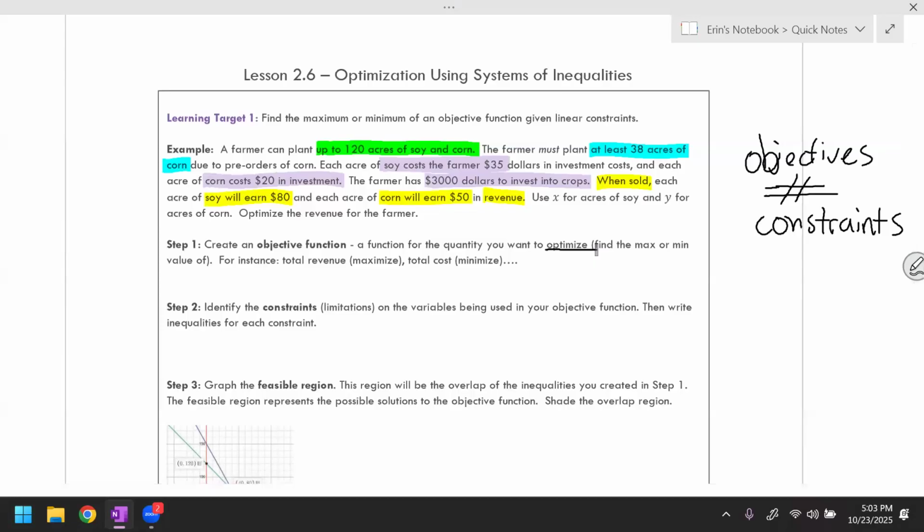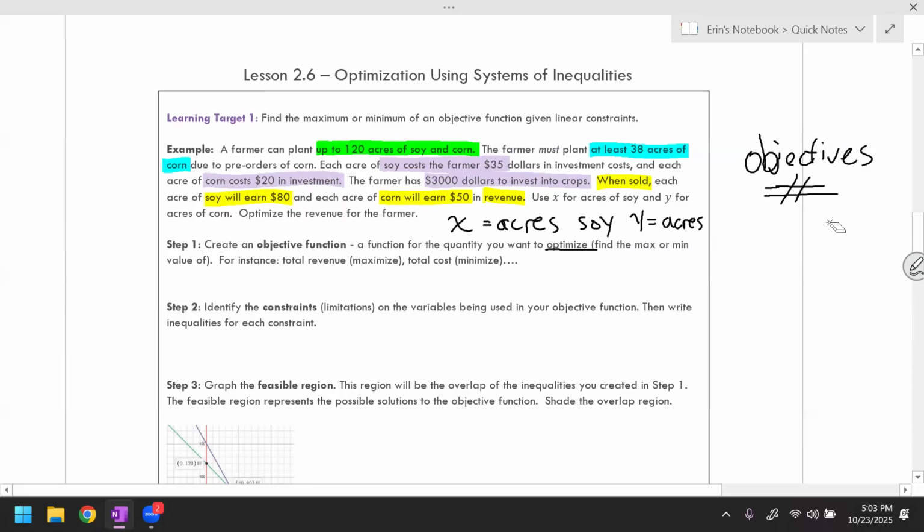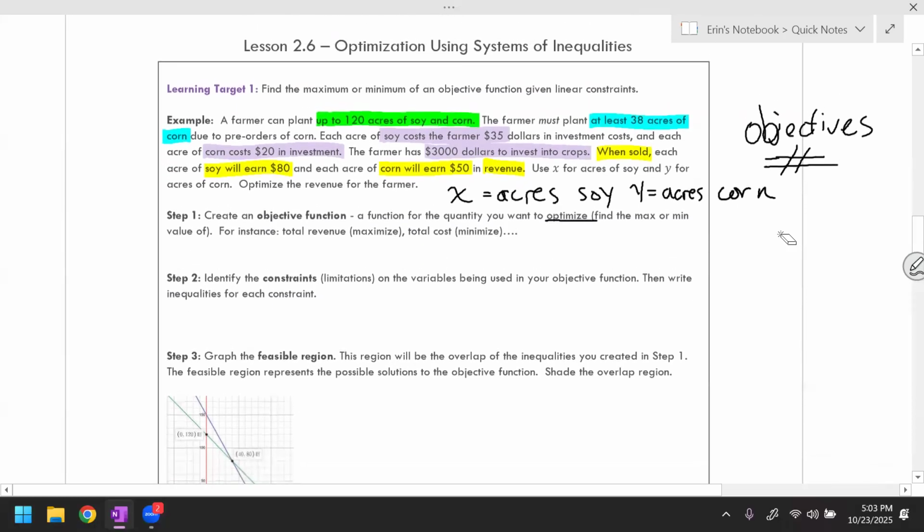And so the money that we earn can be expressed as a mathematical expression. So here, for example, if we have X acres of soy and Y acres of corn, then the revenue we earn is just going to be 80X plus 50Y.